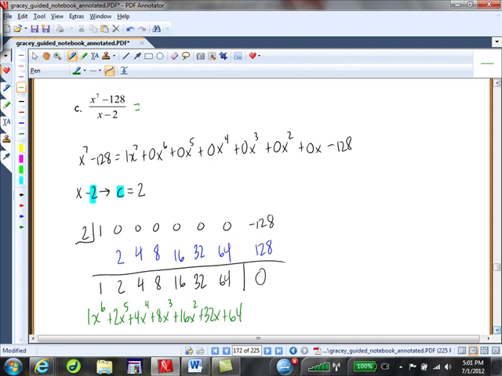So the resulting quotient is x to the 6th plus 2x to the 5th plus 4x to the 4th plus 8x cubed plus 16x squared plus 32x plus 64.